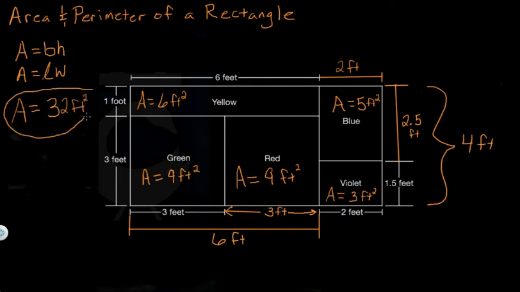And likewise, we can find the total perimeter of the shape by going the distance around and adding up all of these dimensions here.